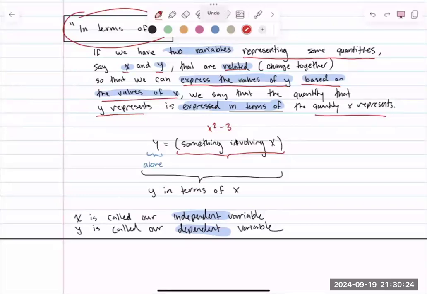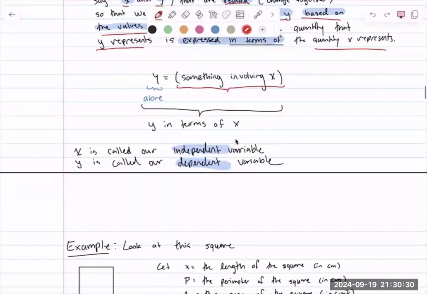Anything here, as long as it only involves x and tells us how to get values of y based off of x. And so for that reason, y is called our dependent variable because it depends on x. And so x is then our independent variable because we can vary its values, and in response, y will change. So y changes in response.